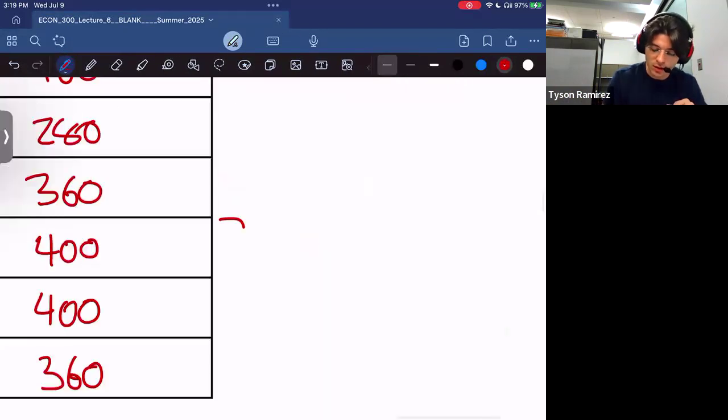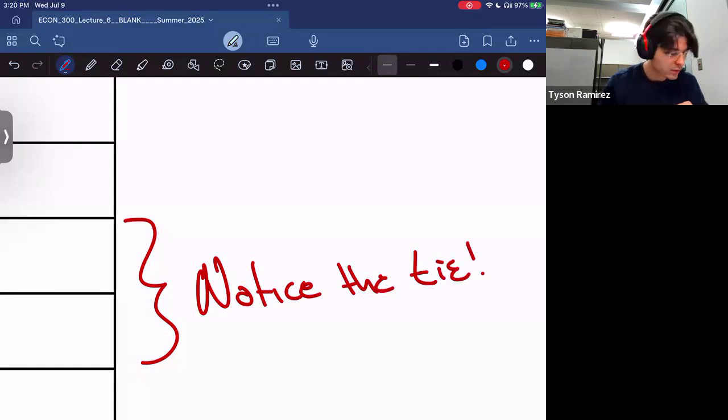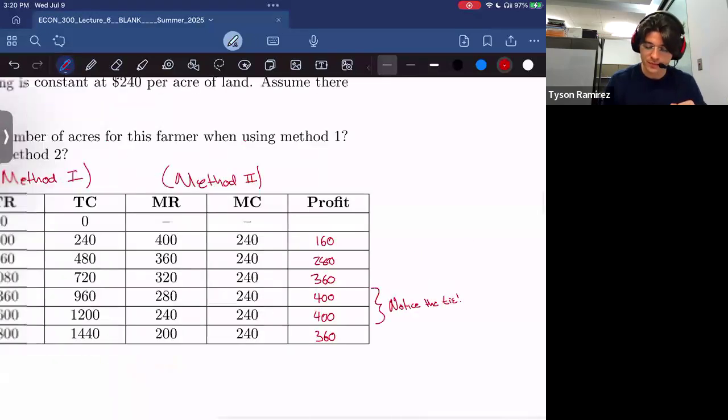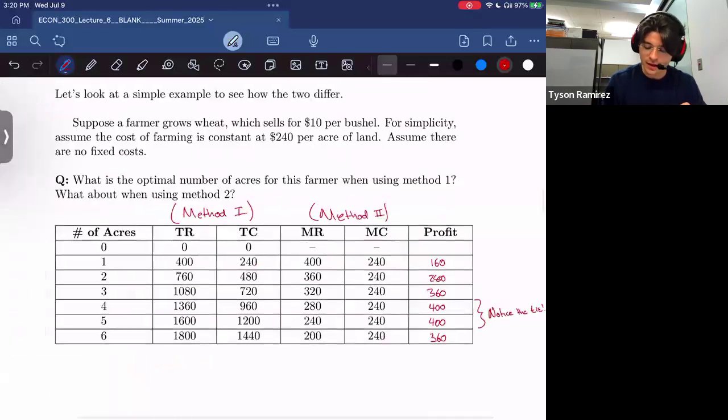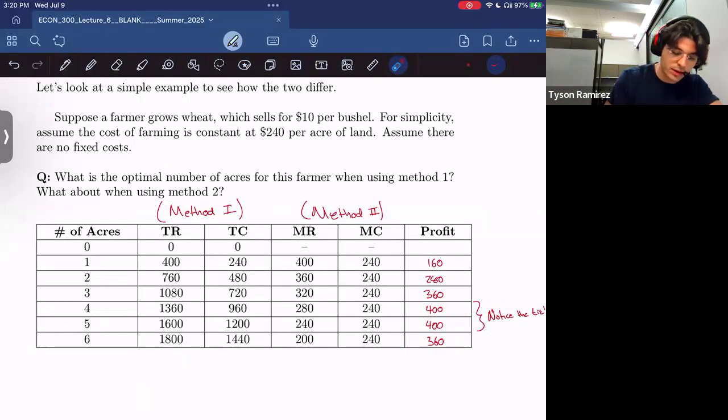So notice the tie. And then that sixth acre of land yields only a profit of 360. So clearly the highest profit that we can get here is 400. So let's make a note.